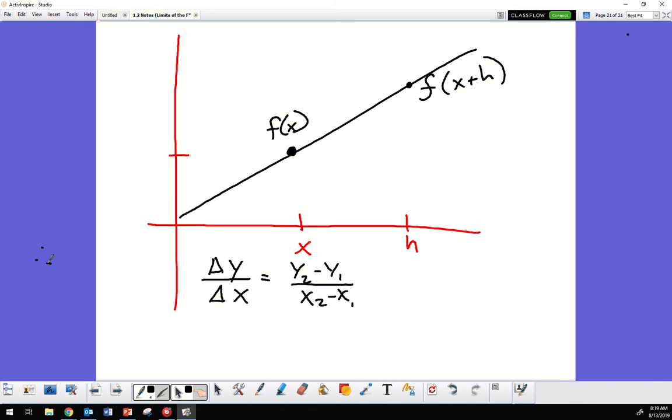Now I'm going to use that information that we've been using since like 7th grade to actually figure this out. What is y from the second point? f of x plus h minus, what is y from my first point? f of x.